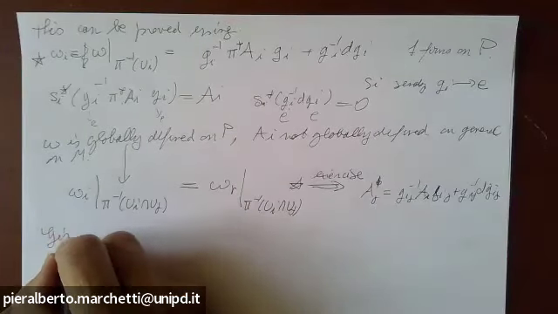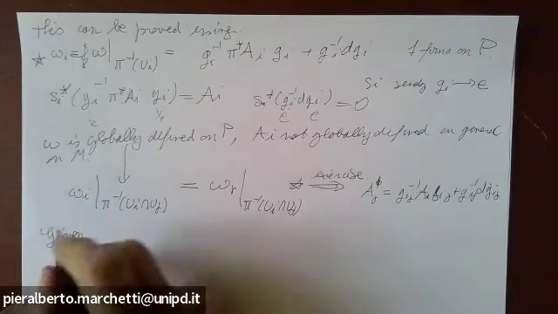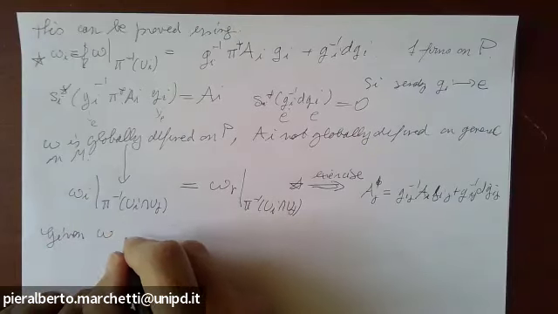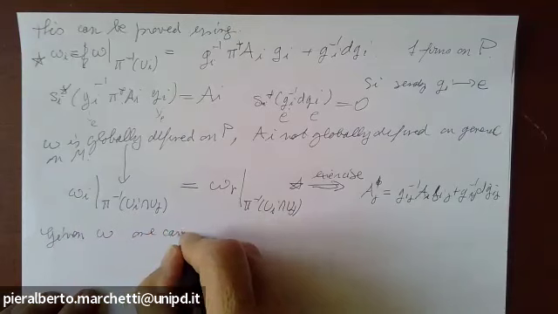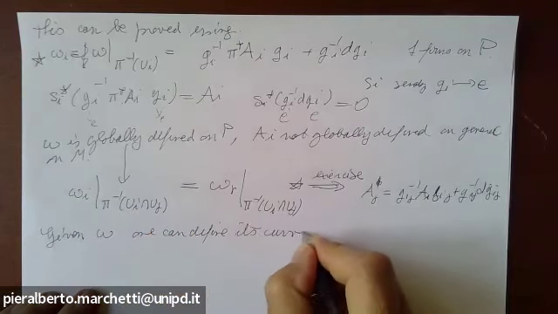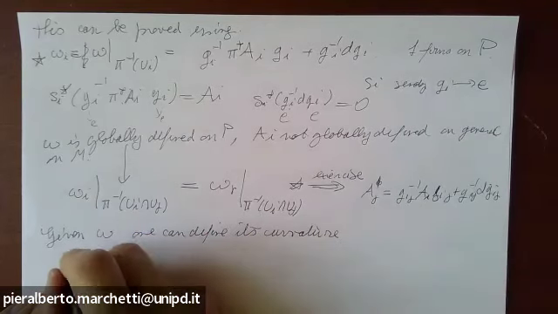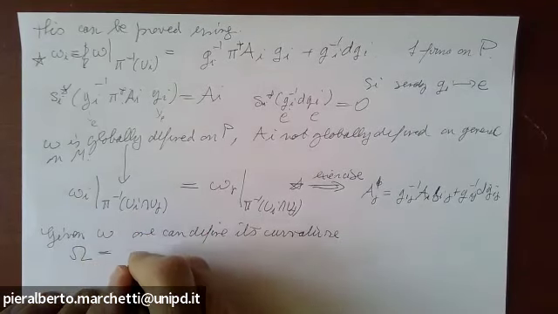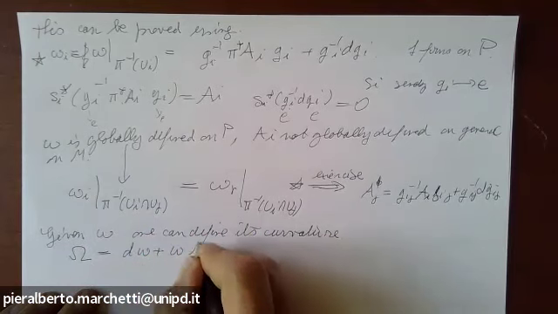So let me just perhaps finish. I don't know how much time I have. So given a connection omega, one can define its curvature, big Omega, which is d omega plus omega wedge omega.